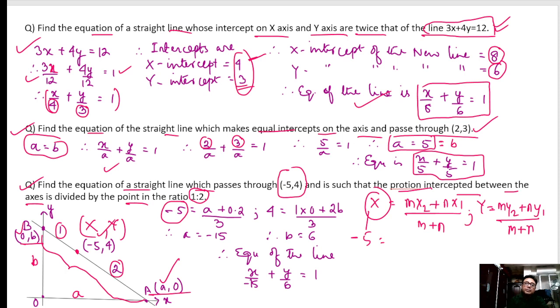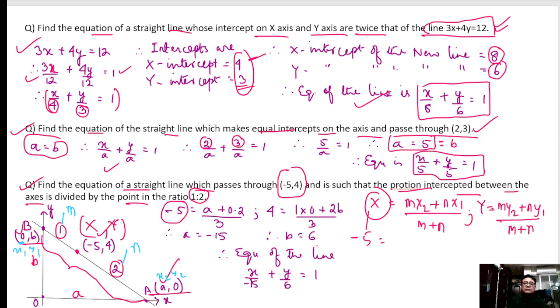M is given as this. Please note, this is my m and this is my n, and this is my x1, y1 and this is my x2, y2.